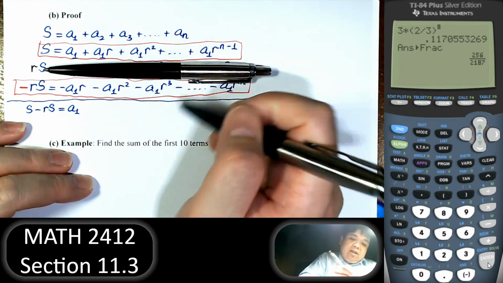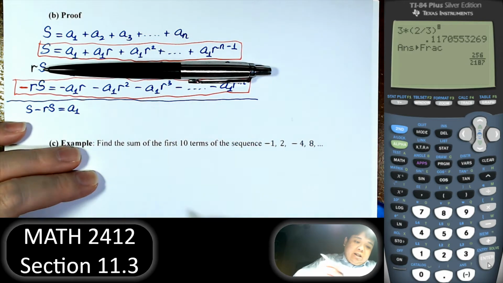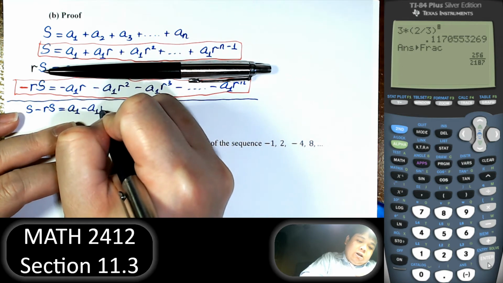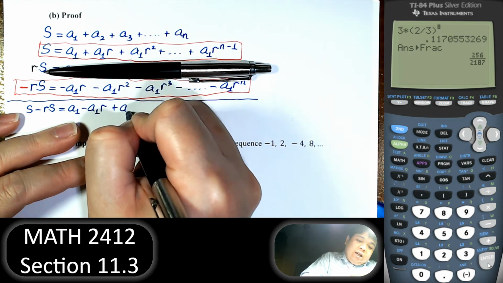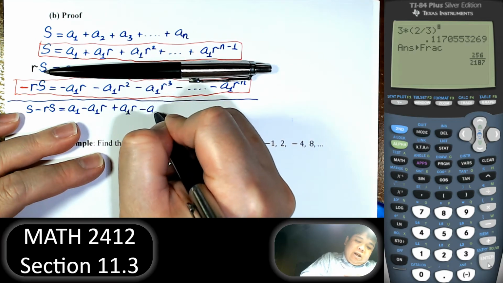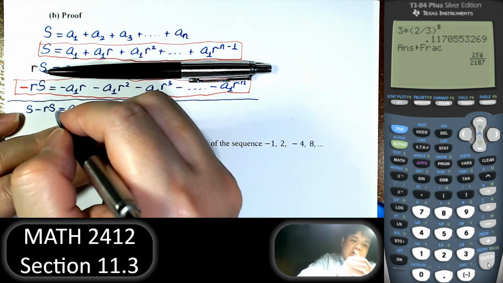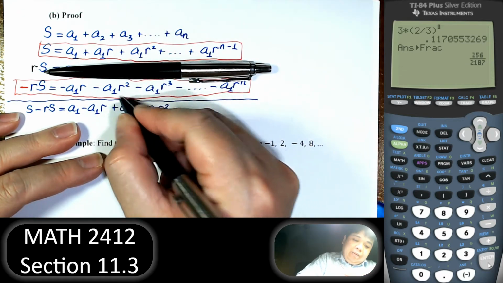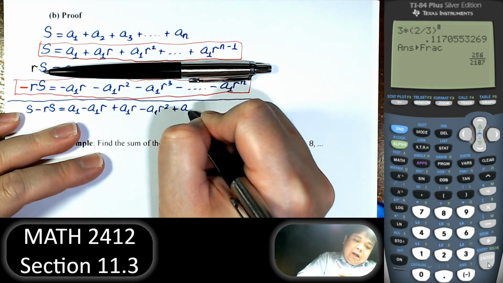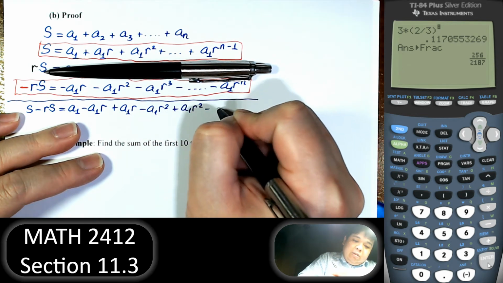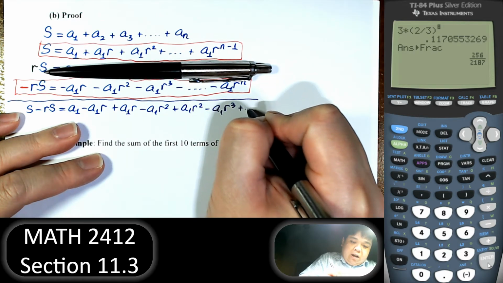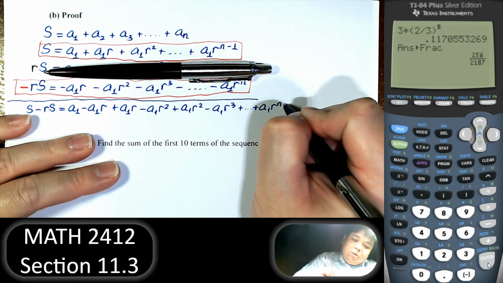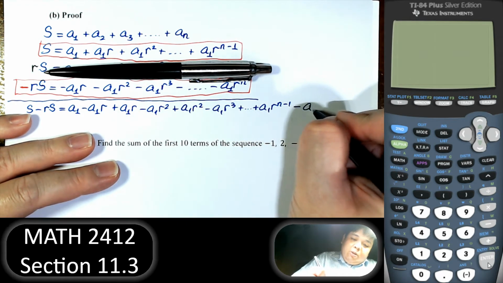Pretty much it cancels everything. So I'm just going to write a1 minus a1 r, and then start from that term, a1 r, and then minus a1 r squared. Just one term on the top, one term at the bottom, one term at the top, one term at the bottom. Just keep going like that. a1 r squared minus a1 r cubed, and so on, a1 r to the n minus 1 minus a1 r to the n.